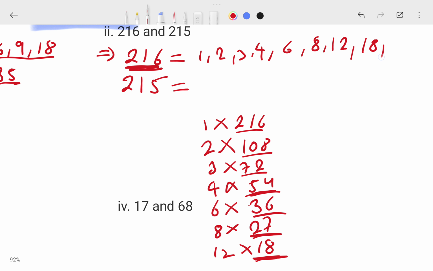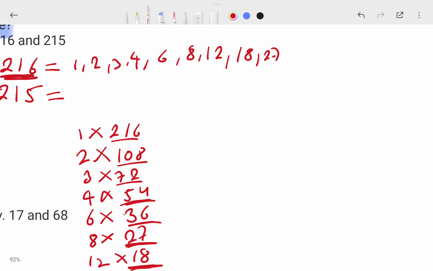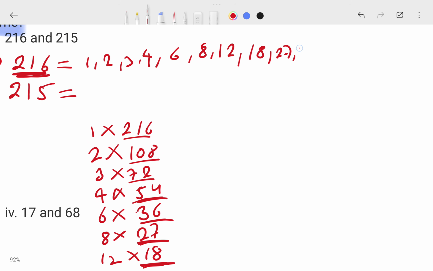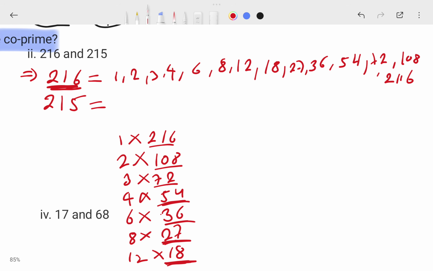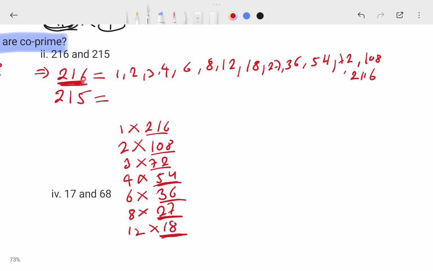Then it will be in the 27 table, then the 36 table, then the 54 table, then the 72 table, then the 108 table, and after that the 216 table. So these are the factors of 216. Is it clear? You can find factors like that.